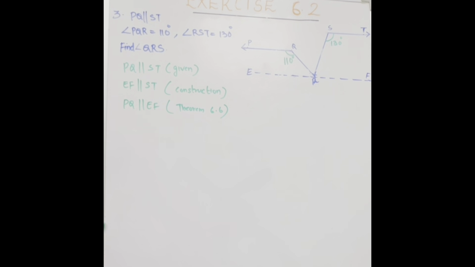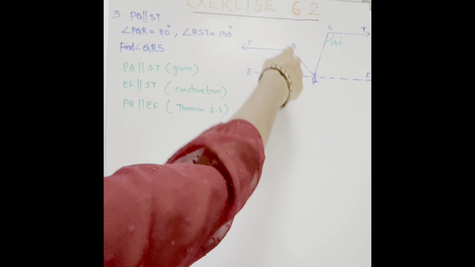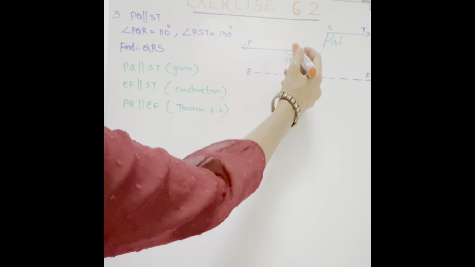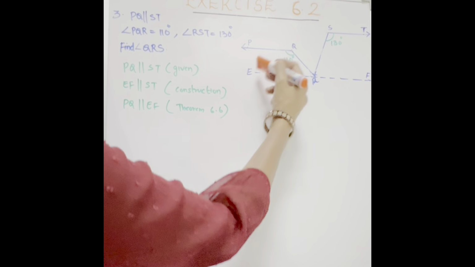Now let's find out QRS. Let's apply the properties of parallel lines and transversal. You see we have two parallel lines, PQ and EF.